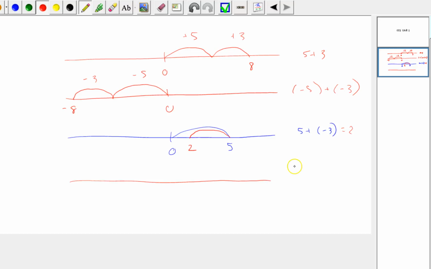And then with the signs in reverse, starting at 0, they could go to -5, or they could start at -5 if they want to. Think of starting at the first number rather than 0. So they're at -5, and then they're going to move 3 in the positive direction, which brings them to -2.